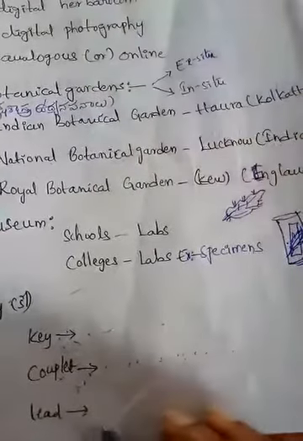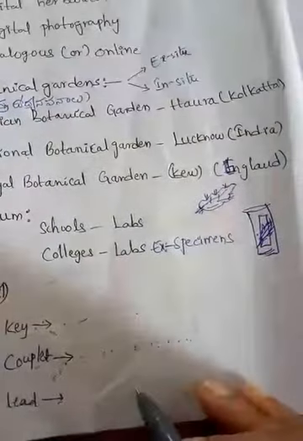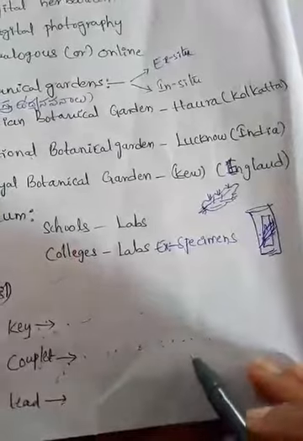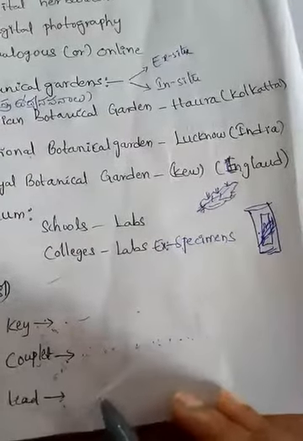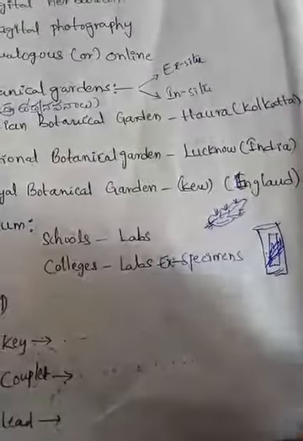Now coming to lead. Flora: each flora statement is known as a lead. Do you know about flora? What is flora? Flora means the different types of plants in their natural habitat, distributed in a particular place or region, that is known as flora.